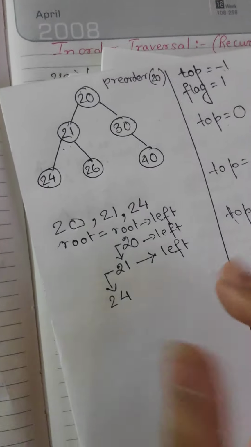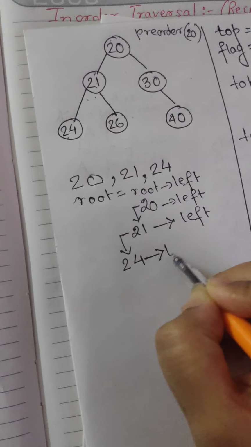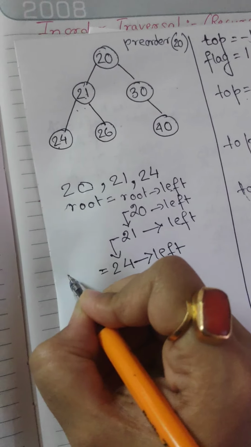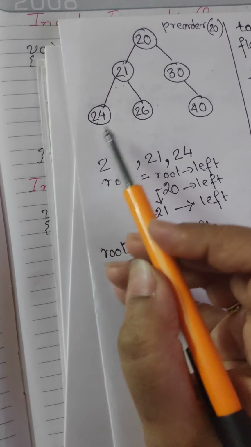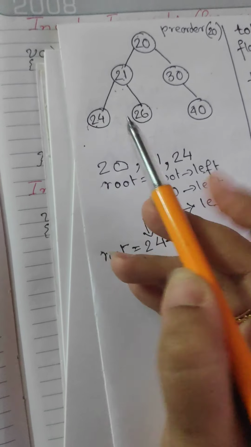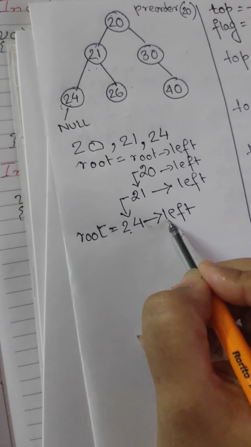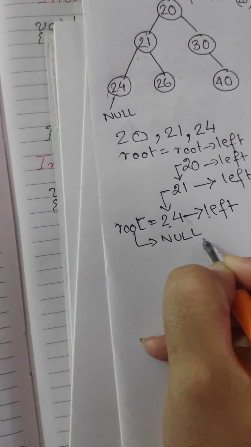Now, this is important. When you are trying to access 24 left and assign it to root, when you write root is equals to root left, 24 left is nothing but null over here. So the root becomes null. Correct?